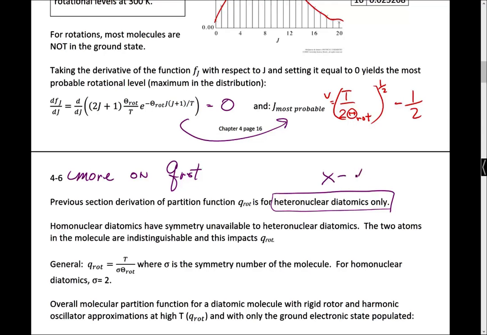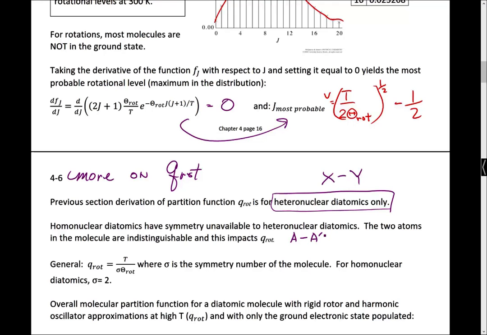So for my two atoms, they need to be different from each other. That's because in this particular case, I don't have some symmetry that's available whenever I have homonuclear molecules. So if I look at A2, that's the molecule.